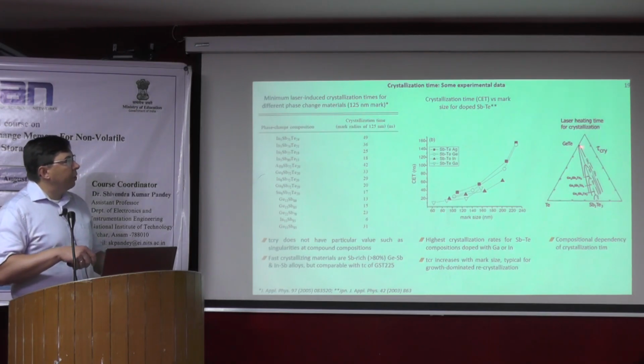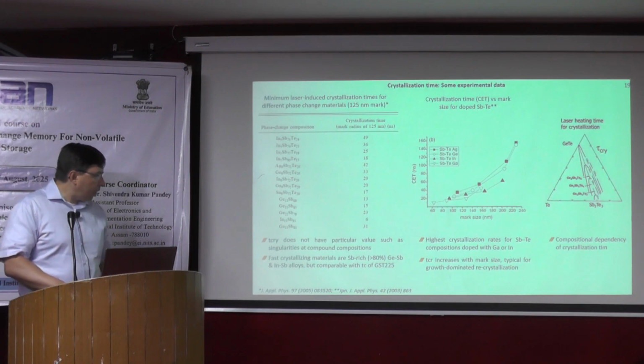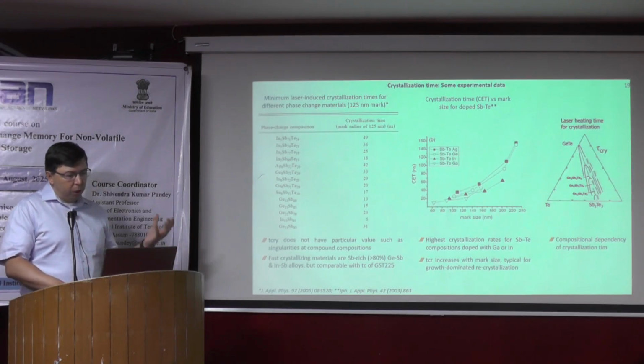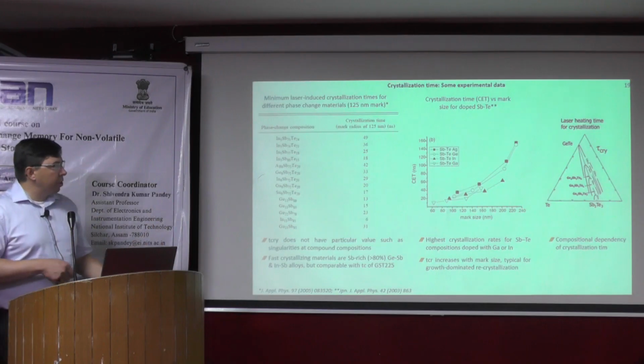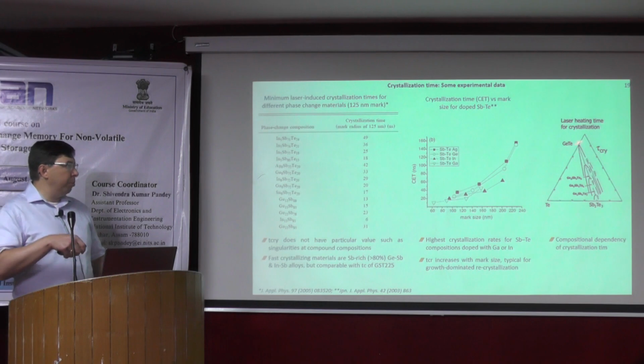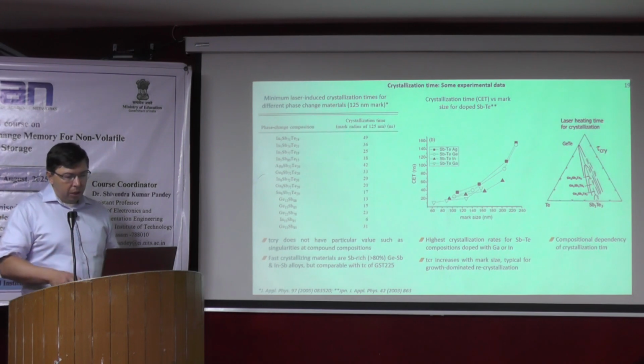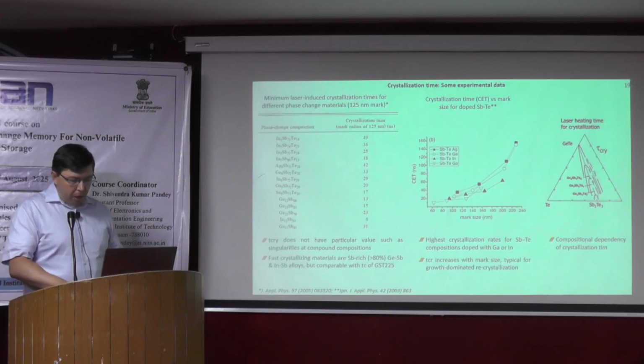And so we see that they are different from one composition to another. So there is no crystallization time which is typical for phase change material. Even for GST material, this crystallization time can be changed.